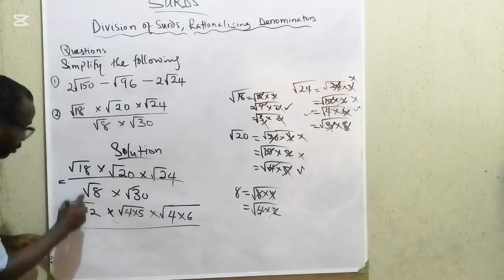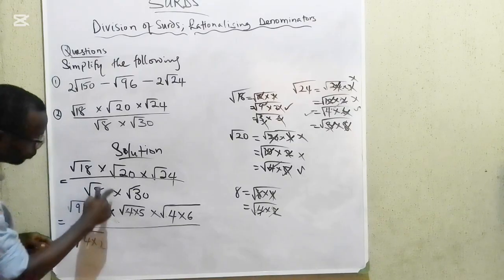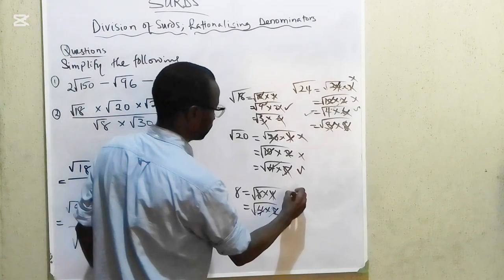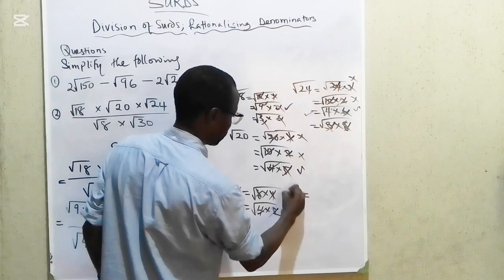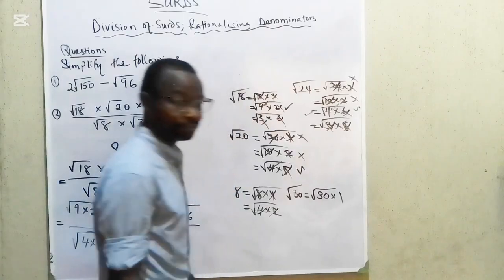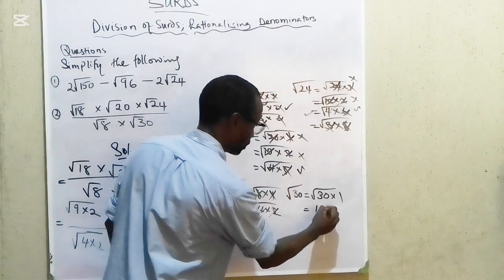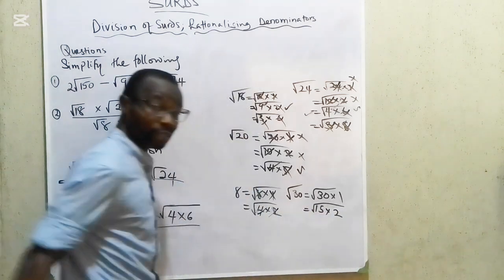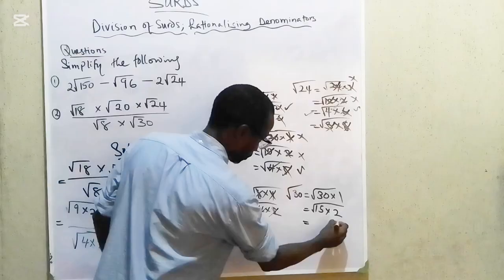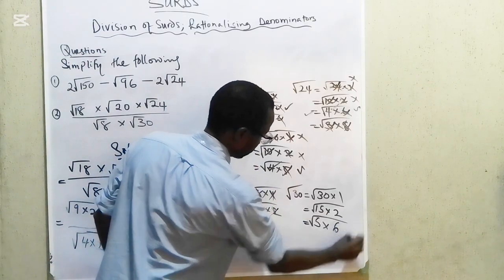So 8 is to be represented here by 4 times 2. We bring this times square. Then what is 30? Bring 30 here. What is 30? 30 is the same thing as 30 times 1, right? 30 is the same thing as 15 times 2. And 30 is the same thing as 6 times 5.